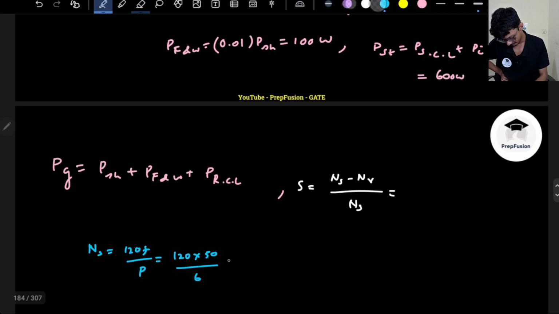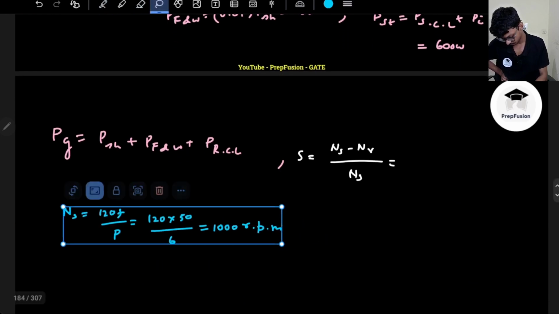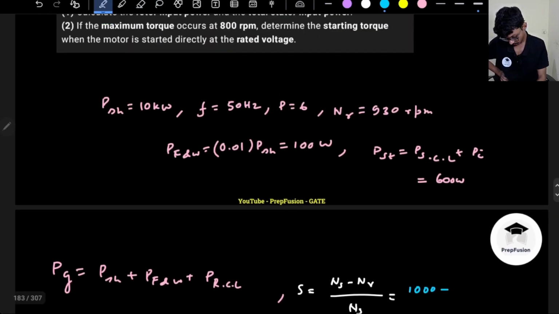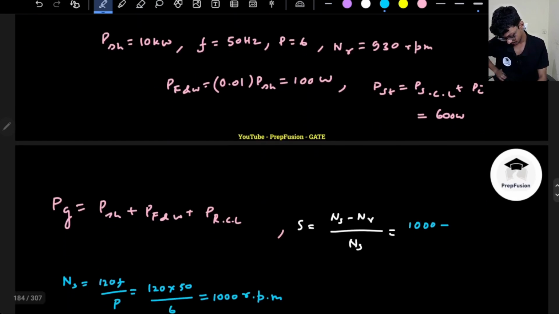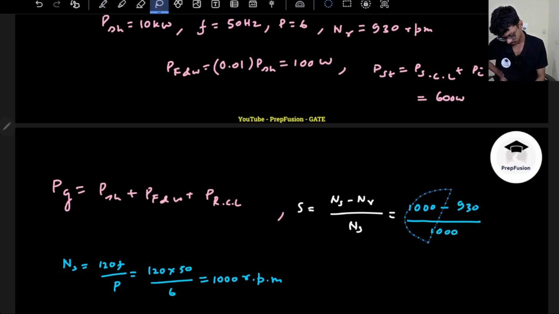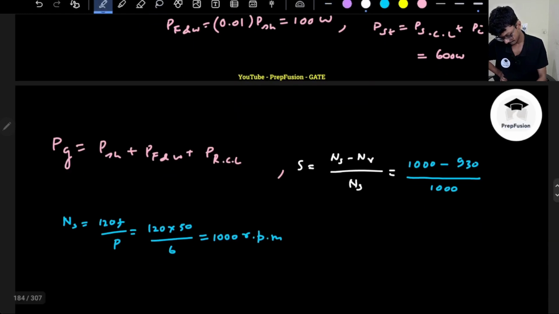So it is 1000 rpm. So it will be 1000 rpm minus nr, which is 930, divided by ns, which is 1000. So that is equal to 0.07. That is what the slip is equal to.